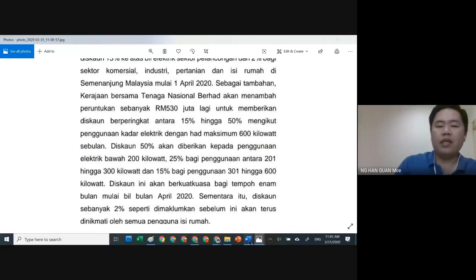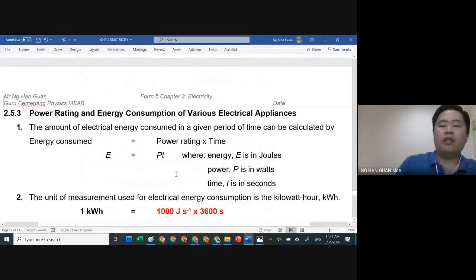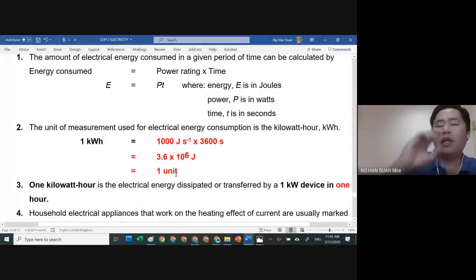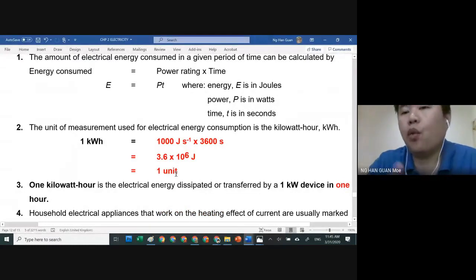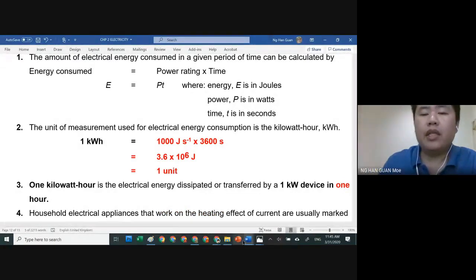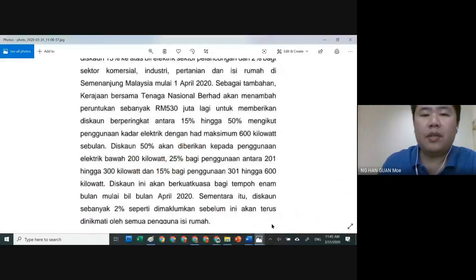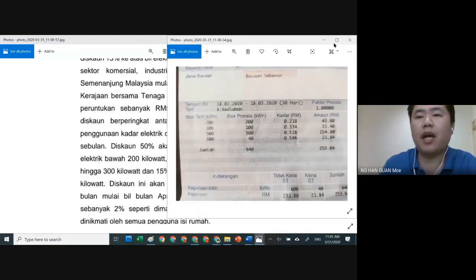Before this, you have to know first how we calculate in our electric bill, where consumption is considered as 1 unit. You see this statement, 201 until 300 kilowatt. How do they calculate this kilowatt? If you look at the bill here, this one is my house bill.